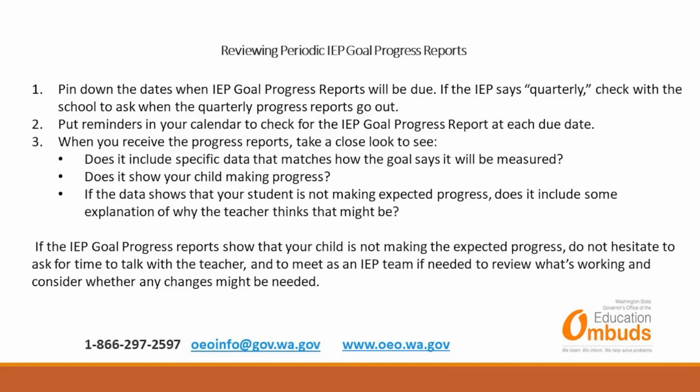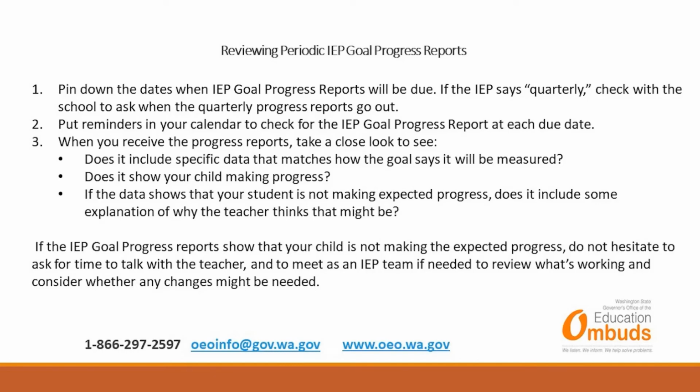Anyways, it should use the same kind of data that is described in the goal itself. You're checking to see if it does show that your child is making progress towards meeting the goal. And if not, then does it include some kind of explanation of why the teacher thinks that they might not be seeing that progress that was expected?